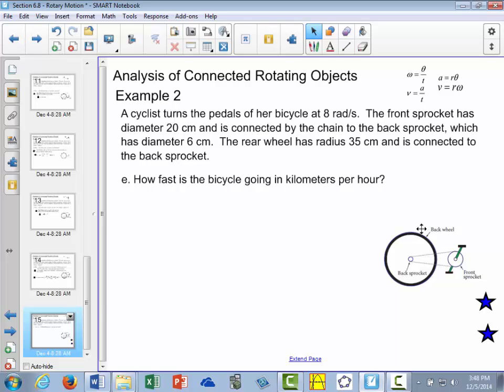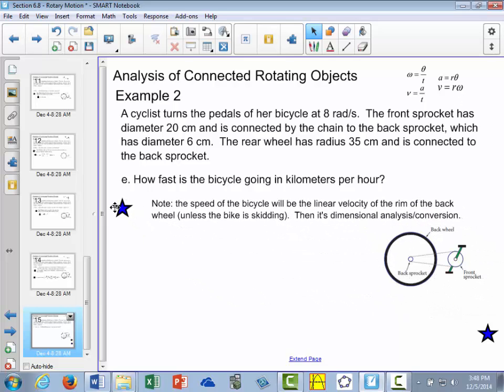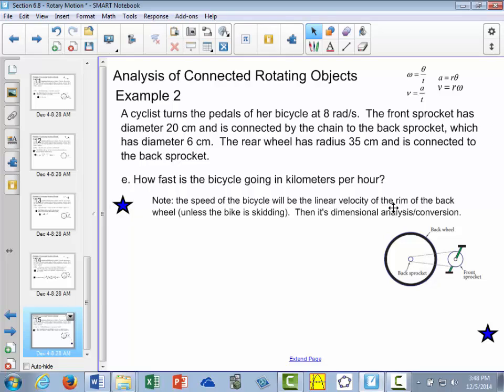Right? So we need to take that 26 2/3 radians per second and change it to a linear velocity for the back wheel. So let's first recognize that the speed of the bicycle will be the linear velocity of the rim of the back wheel. From there, we have to find the linear velocity of the back wheel.